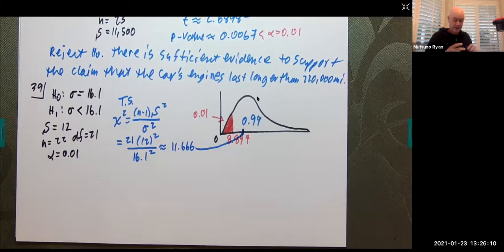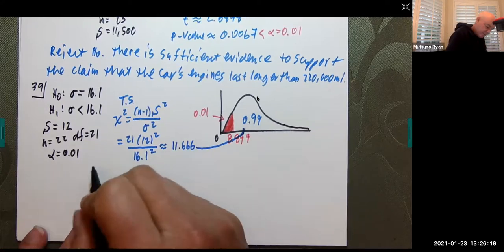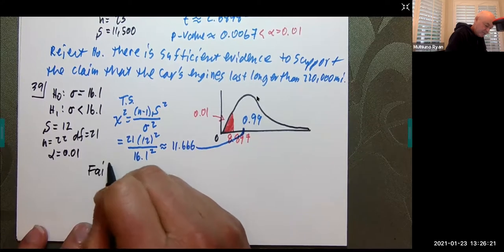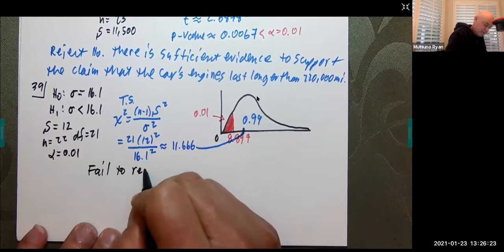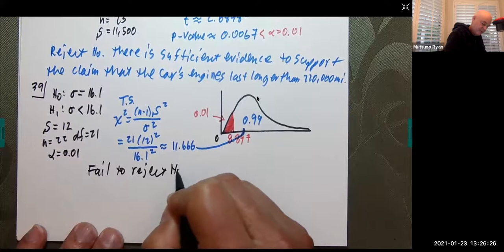So you can see we are not in the critical region. So we are going to fail to reject the null hypothesis.